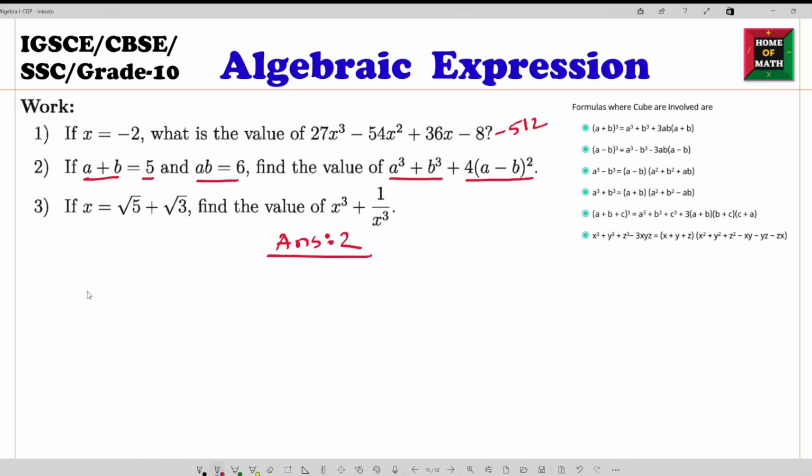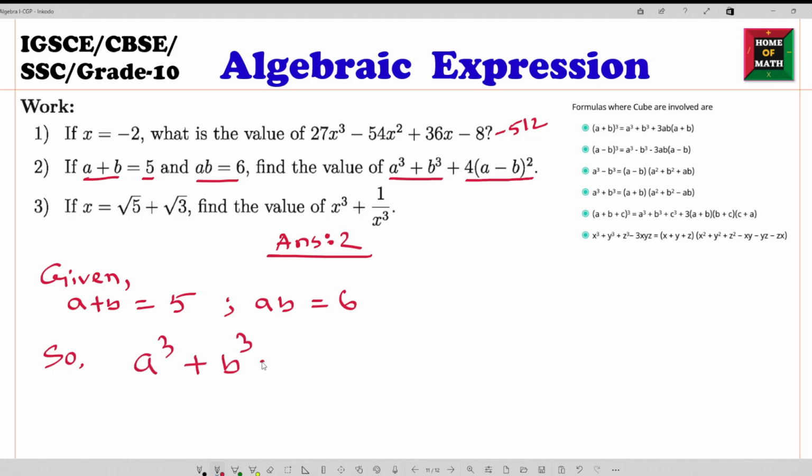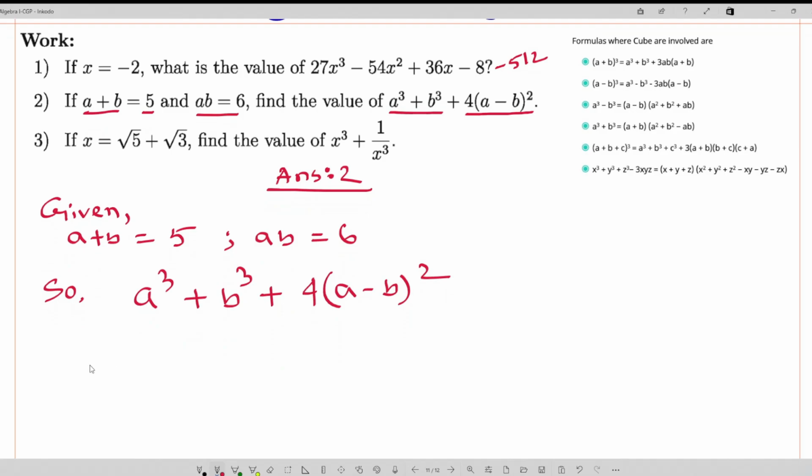So similarly, here we can write given a plus b equals 5 and ab equals 6. So a cube plus b cube plus 4 times a minus b whole square. So we have to find out the value.